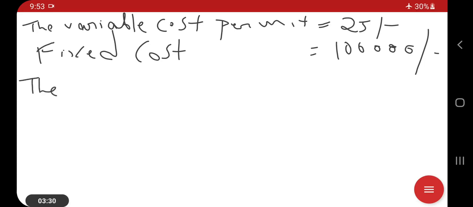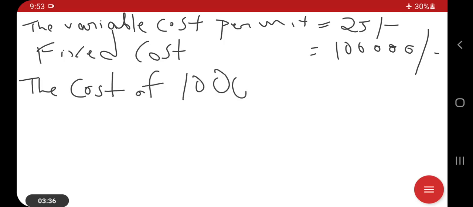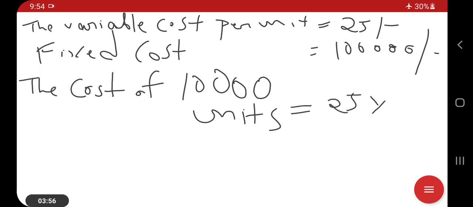Therefore, for example, say 10,000 units, the cost of 10,000 units is equal to 25 rupees per unit into 10,000.